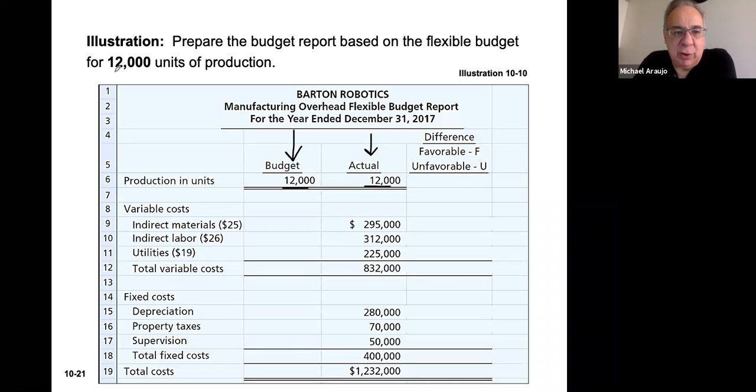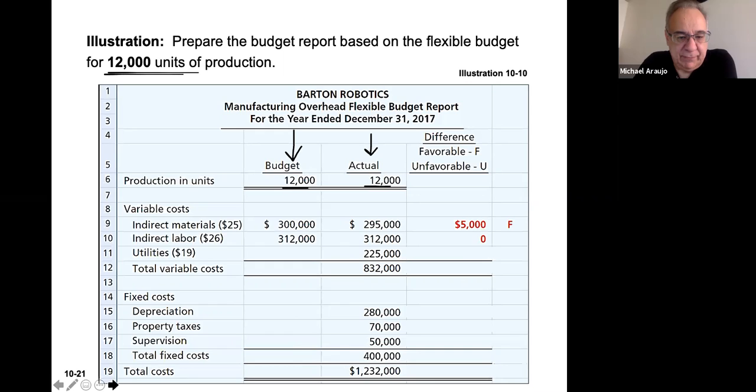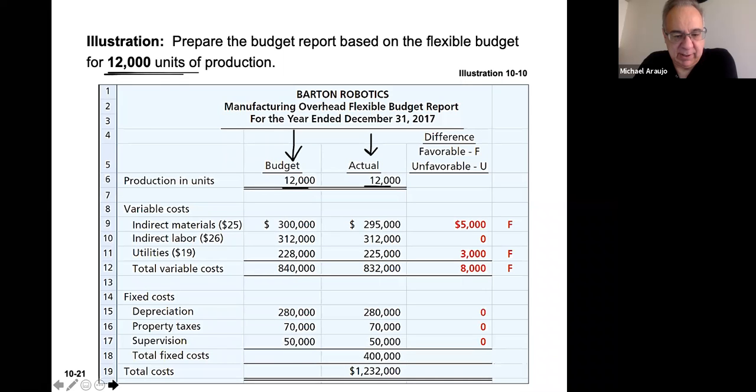But now what we have to do is rebuild our budget based on the 12,000 units instead of the 10,000 it was simply based on, right? So now 12,000 times each of these numbers is going to give us the answer. Of course, there's going to be no change in fixed costs. Fixed costs are going to be the same regardless how many units we produce, okay?